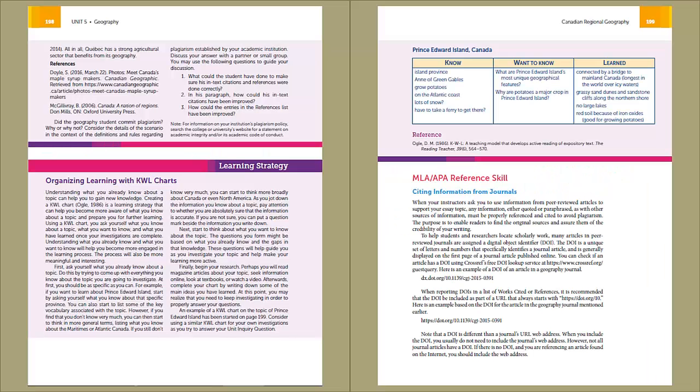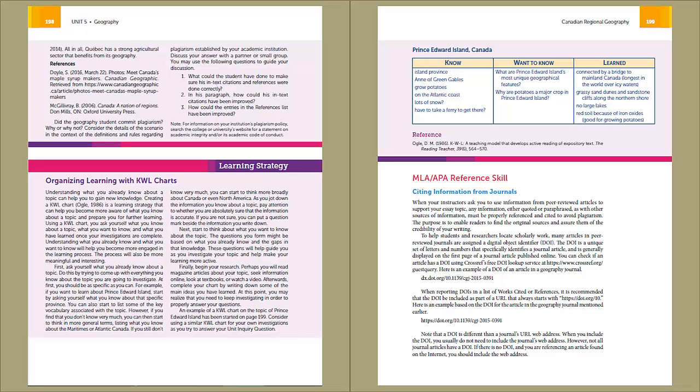So here's an example from the Academic Inquiry series where we've actually thought about, for each of the units of instruction, what is a learning strategy that will help students reach the outcomes for that unit? For example, here we have the learning strategy of organizing learning with KWL charts, or what you know, what you want to know, and what you've learned. However, you don't just provide the strategy; it is embedded in the content of the unit.